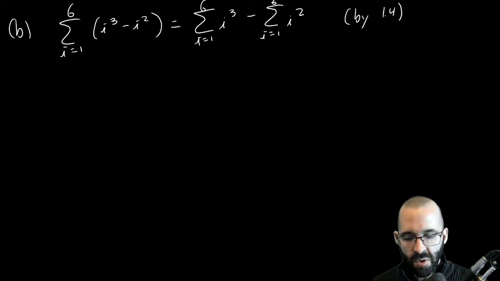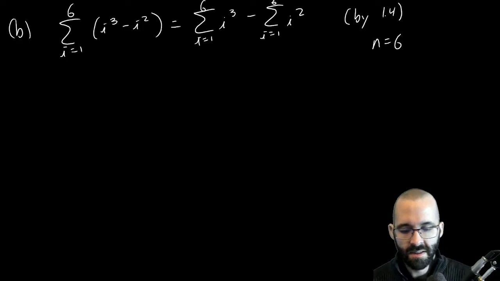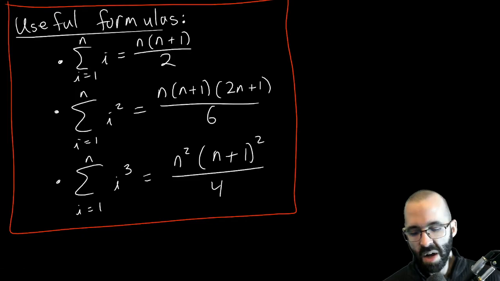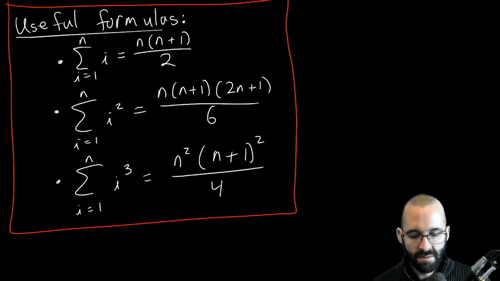And now, well, we have a formula for this guy, n is equal to 6. And we have a formula for the other guy, where n is also equal to 6. These should look exactly like those formulas in this box. Just instead of n, we have an actual number.